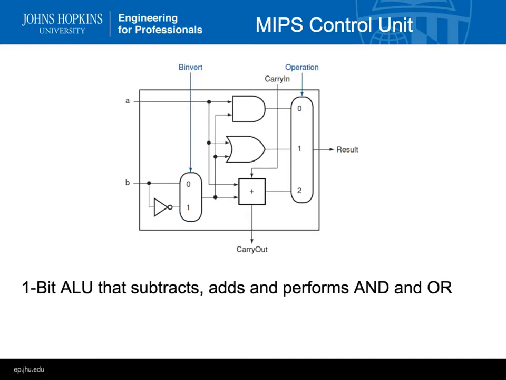So now, if we want subtraction, A minus B, we would invert this B and send a signal of 2 into here, and then negative B will come in, and A will come in. So to get A minus B, we turn this signal on and send a 2 in there.